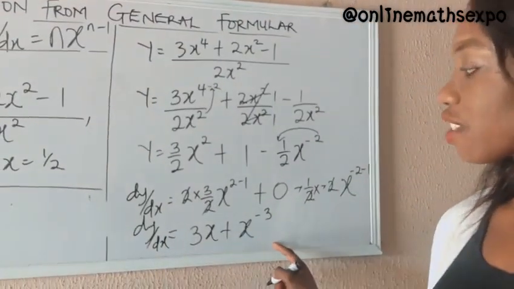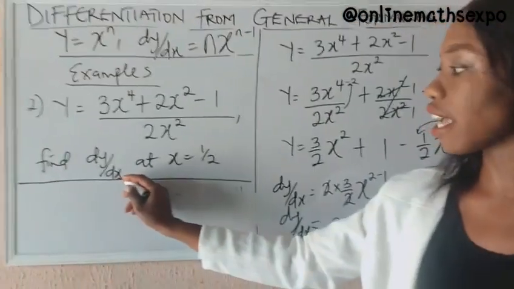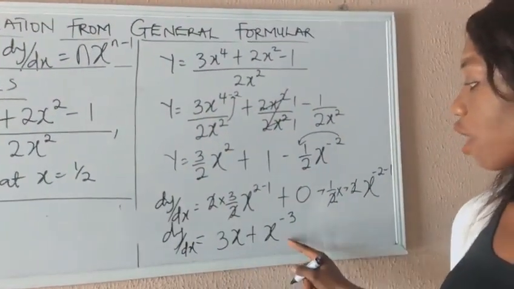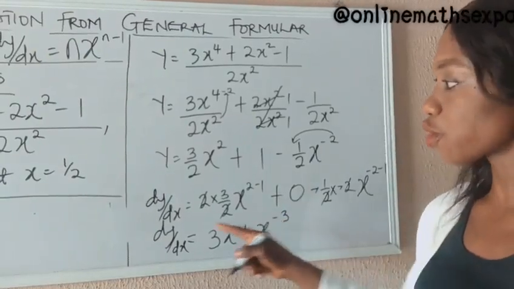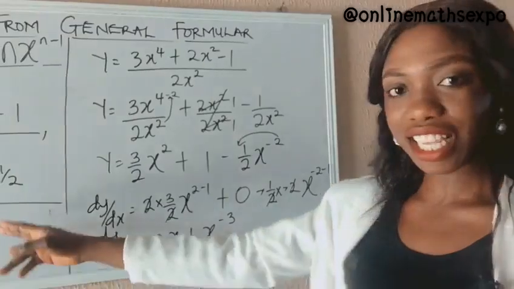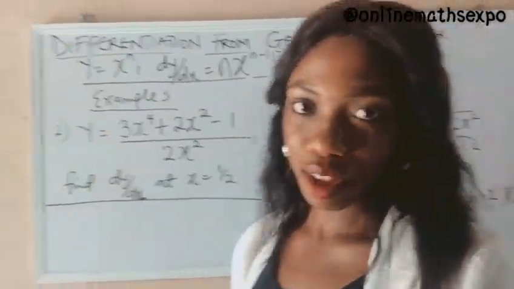But remember the question says, find this dy dx when x is equal to 1 over 2. So what you are going to do at this point is to substitute the value of x into this particular function. Please, let's take it to the other part of the board.